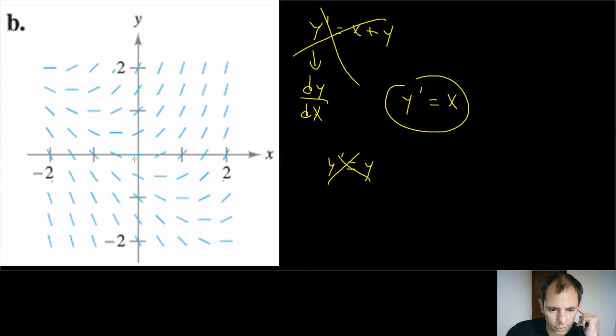And over here, for example, you have a 1 in x, which is positive, and you have a 1 in the y, which is also positive, so you get a slope of 2. Over here in this part, you have a slope of 1 because of x, but a slope of minus 1 because of y, so 1 minus 1 is 0. You can see that this is 0 here, and it's the same thing over here.